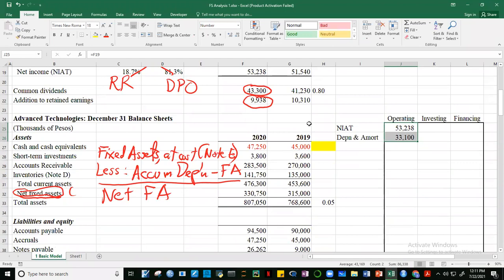Okay, so, all right. Now, by the way, guys, nakalimutan ko sabihin to. When we're doing statement of cash flows, anong account ang ini-investigate natin? What account are we investigating, guys? Obviously, it should be statement of cash flows.